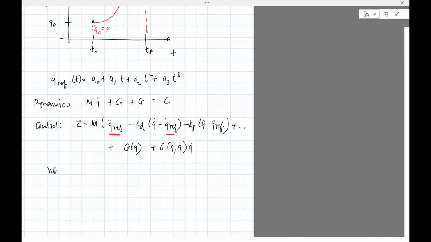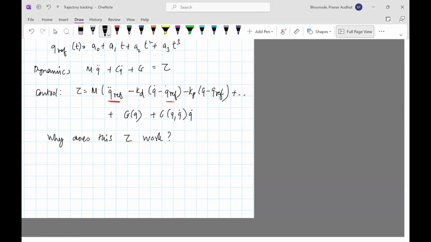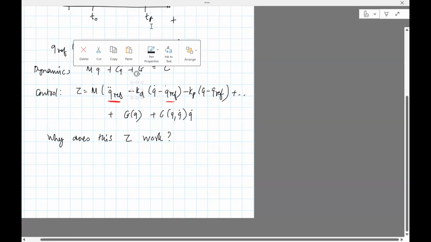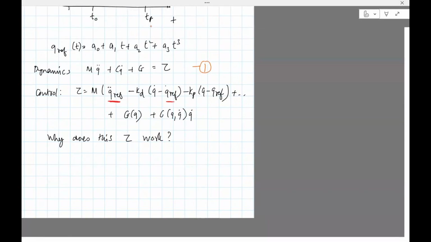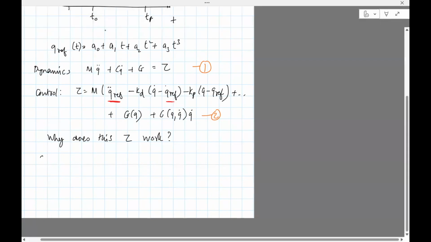Okay, so why does this torque work? Why did I even choose this particular torque profile? What we can do is to analyze this. To answer the question, let's substitute equation 2, which is the torque equation, in 1.